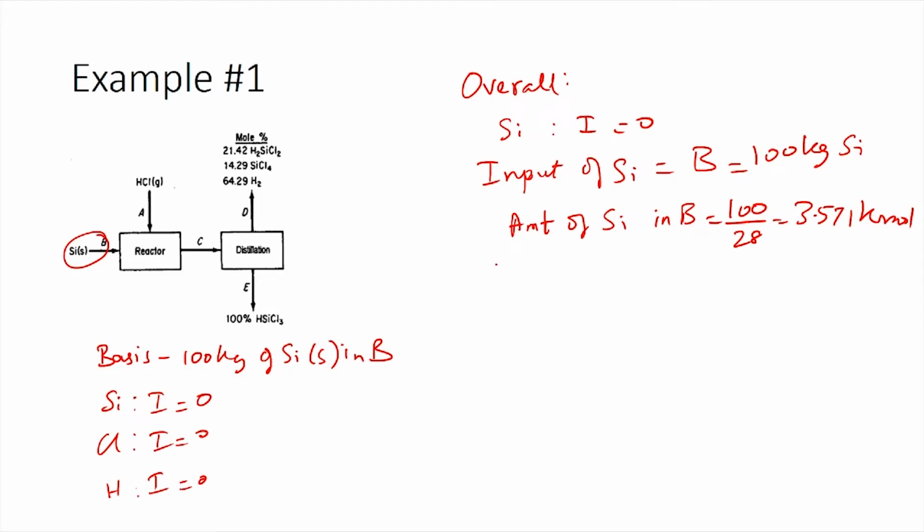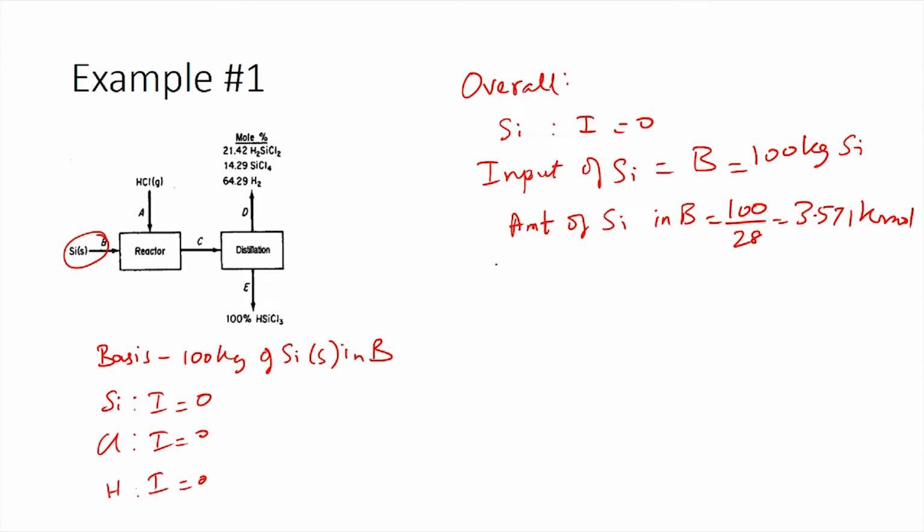So, now for the output, you have silicon leaving in the form of H2SiCl2, SiCl4 and HSiCl3. So, all of these molecules have one atom of silicon.